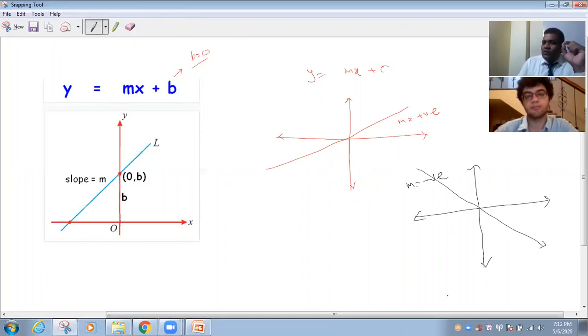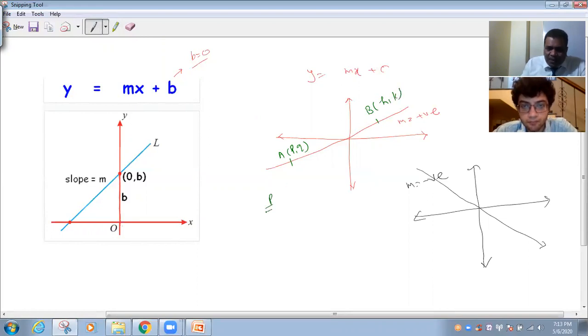Yes. And there is a special property. If line passes through origin, then if you take any 2 points on the line, let me take somewhere here, maybe A, the coordinate is P, Q, B, anywhere you take, doesn't matter. Let us say H, K. So here P by Q be always same as H by K. Even this be applicable here also.